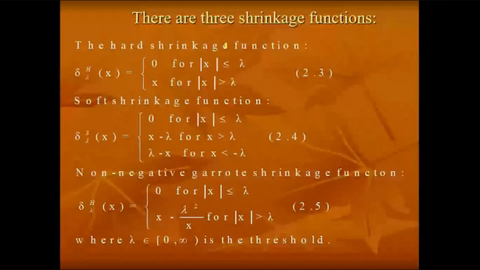Second is known as the soft shrinkage function, and the third one is non-negative. So basically, in the denoising process, we have to use these three methods for the shrinking. So we can apply these three techniques and compare the results, so we can say which one will be the best.